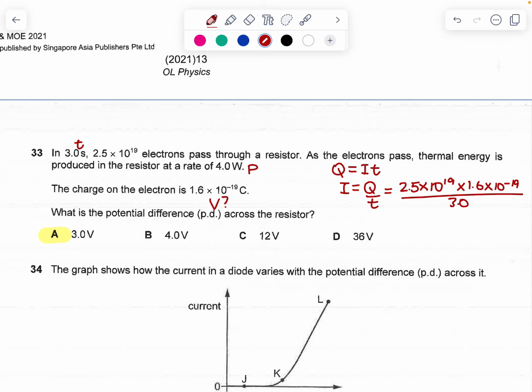Then you get the current, and the next formula you use is P equals to VI. You have power 4.0 watts, and the current from the previous answer, so you can get the V.